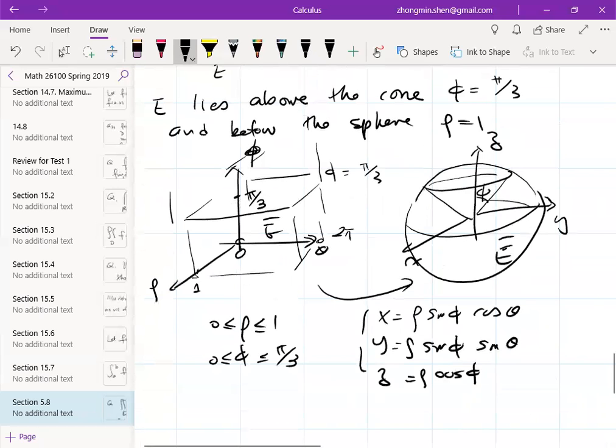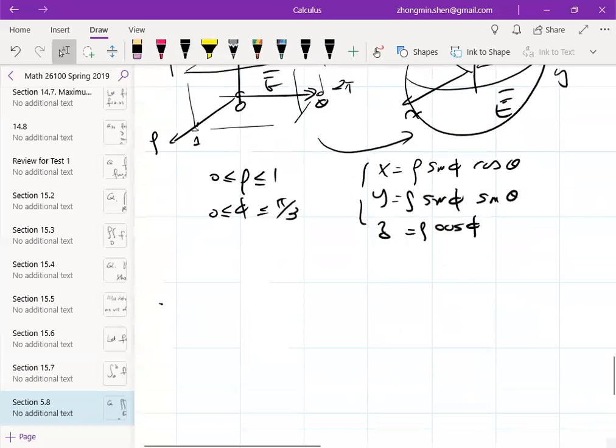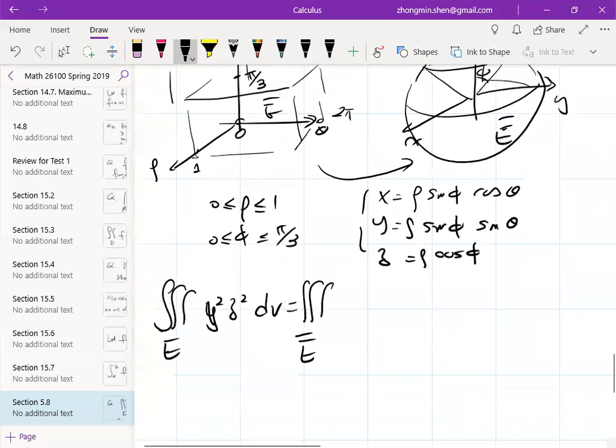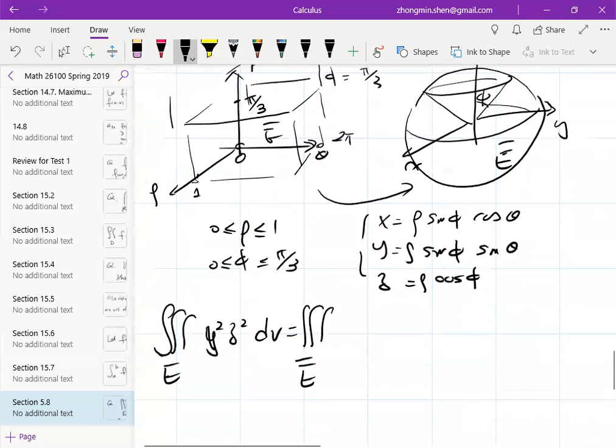So the triple integral over E of y squared and z squared dV can be changed to the triple integral over E bar. I still need a y and a z, I have to replace those.